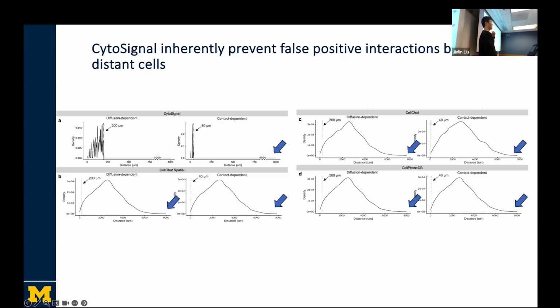We construct all of our statistical tests for each cell. All the other three methods here, CellChat, CellPhoneDB, and CellChat spatial, are at cluster level. That's why they're having false positives, because their resolution is much lower. So I guess that's the key.